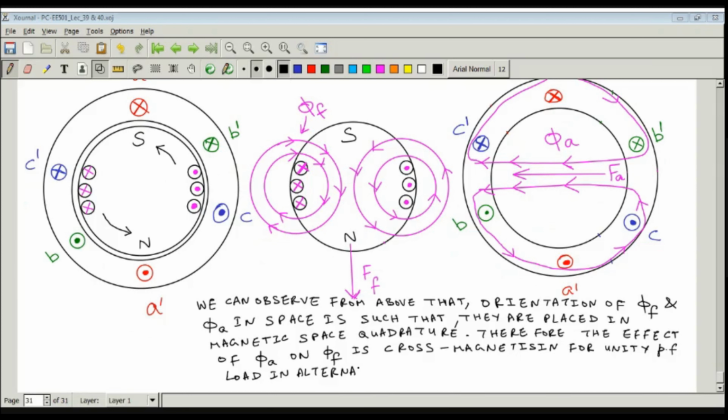Actually, it will be also valid for synchronous motor. For only unity power factor load, I am saying only unity power factor load.